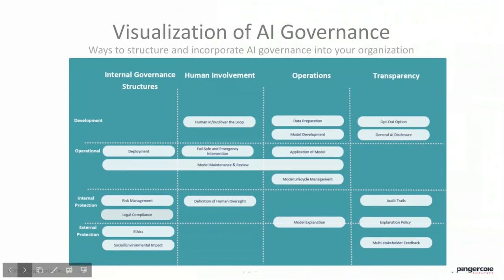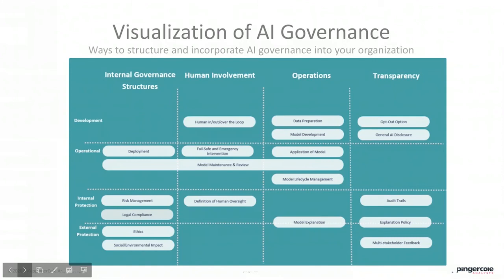So I also assured that this would be a practical look at governance. So let's dive a bit deeper. What does governance look like in the context of your organization? This is an example visualization of governance for an organization that is developing their own in-house machine learning solution.